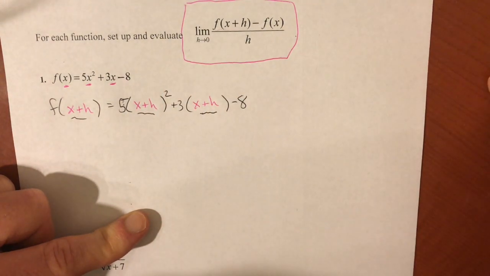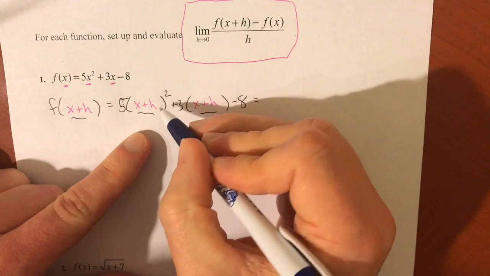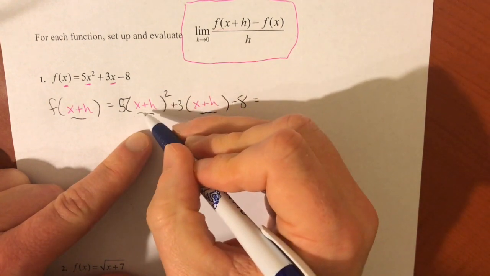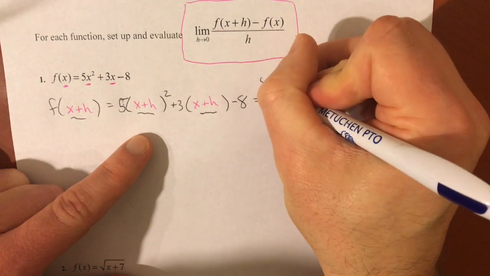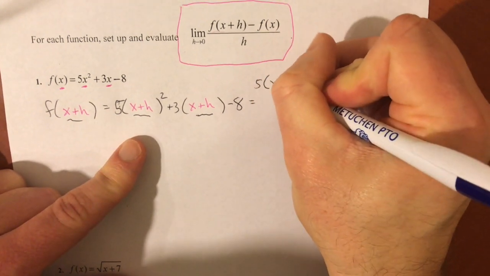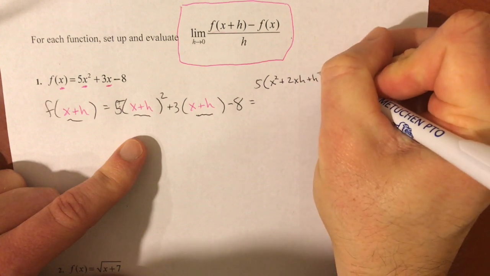And now let's take some time and simplify that algebra. Order of operations, be good here. We're going to square this binomial, then distribute 5. If you can do that in your head, that's fine. I think I'll square it right here. That'll be x squared plus 2xh plus h squared.